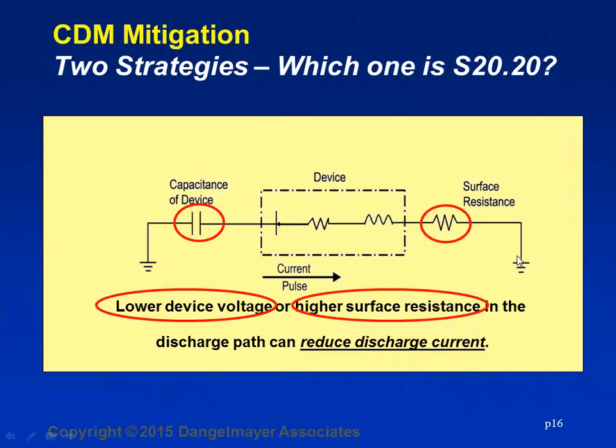The other opportunity is to manage the surface resistance at the immediate point of contact, right here on the schematic. Here's your device, here's the surface. So we're talking about controlling the resistance at this contact point. Both will reduce peak discharge currents and provide protection.